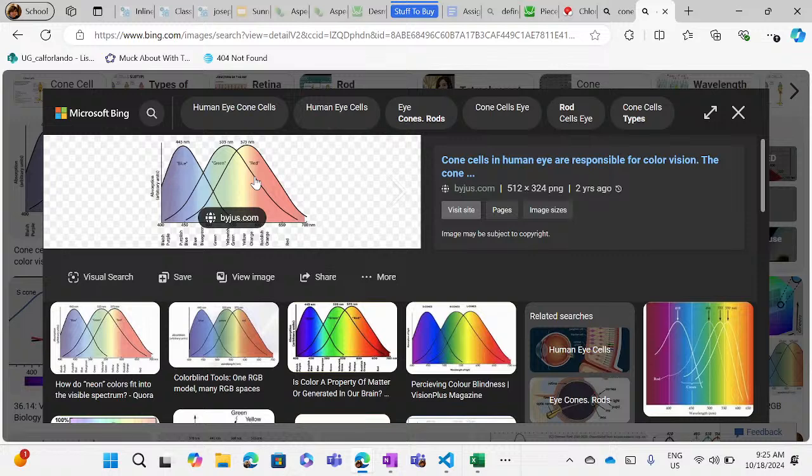And you can prove it, because if you shine a real yellow light on something that has a pigment that absorbs red, it won't actually absorb any of that yellow light, and it'll reflect back yellow light to you.